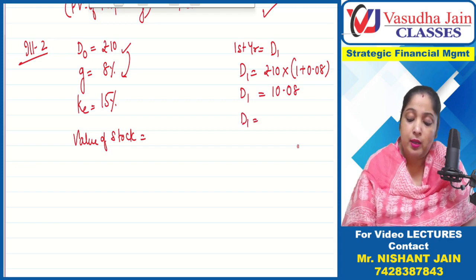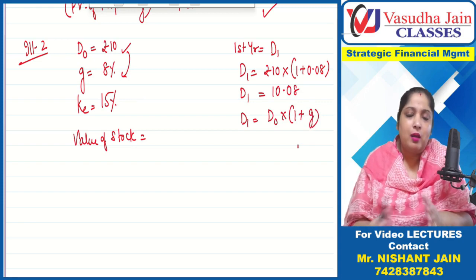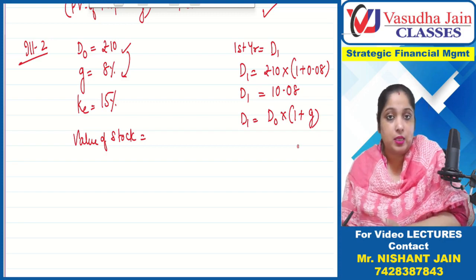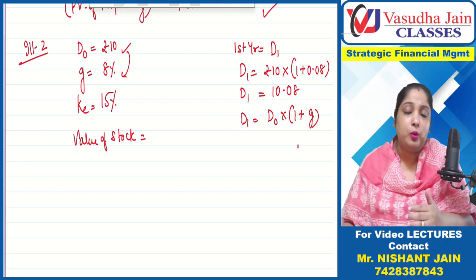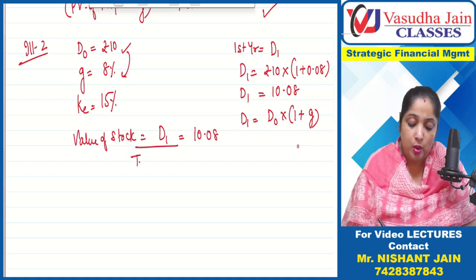How have you computed D1? D0 into 1 plus the growth rate. Every year the dividend is going to grow at the rate of 8%. So D1 I am writing here as 10.80. Now divide by what I have taught you, time value of money minus growth rate.